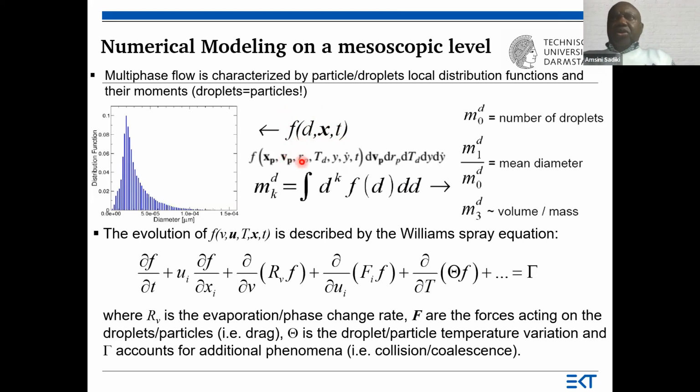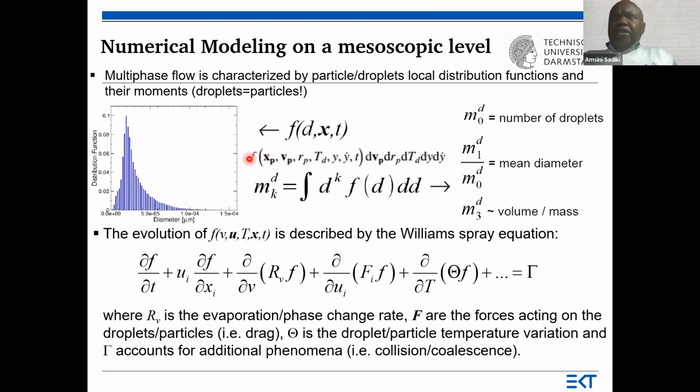We can also go further to say not only the position, but we have also the velocity: the position of a particle, the velocity of the particle, the radius, so the size of the particle, the temperature of the particle, and also we can get other parameters we will introduce along this lecture.